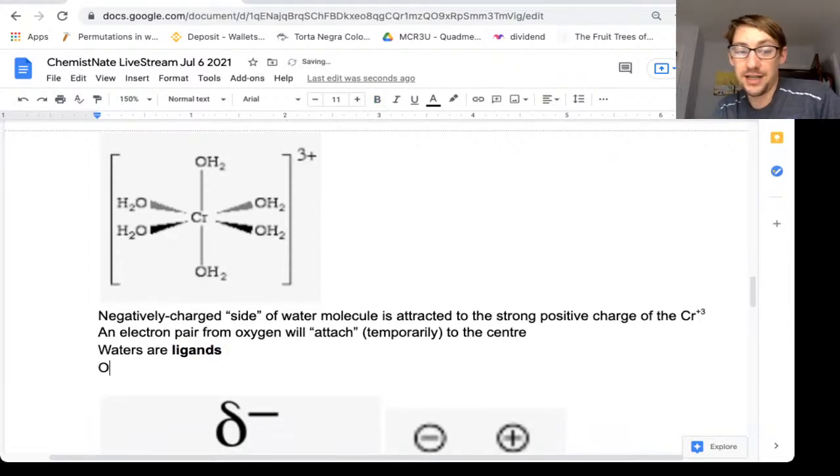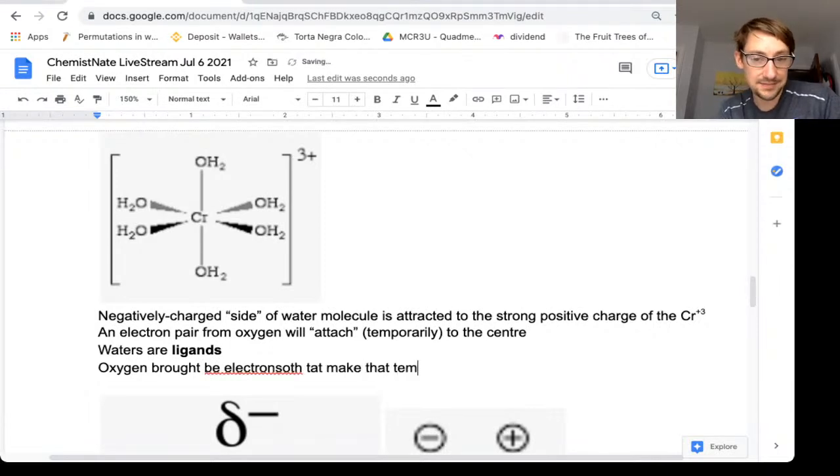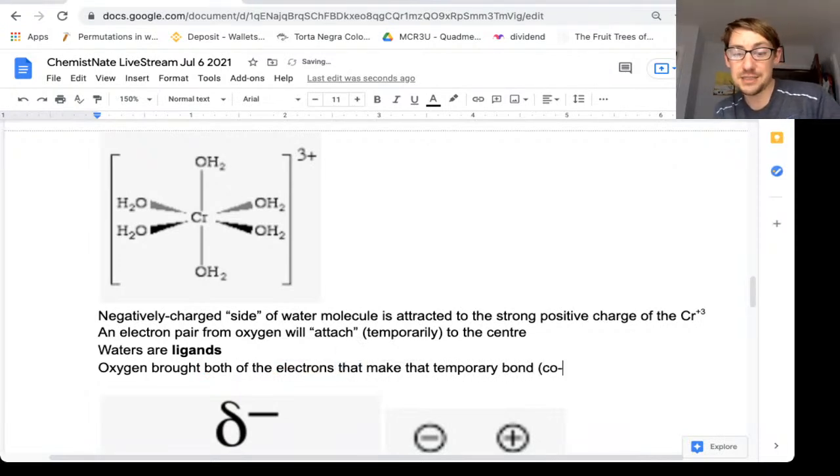Now, the other thing I'm going to point out here is oxygen brought both of the electrons that make that temporary bond, which is how I explained that it is coordinate covalent.